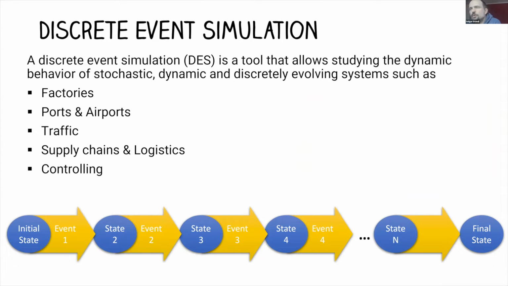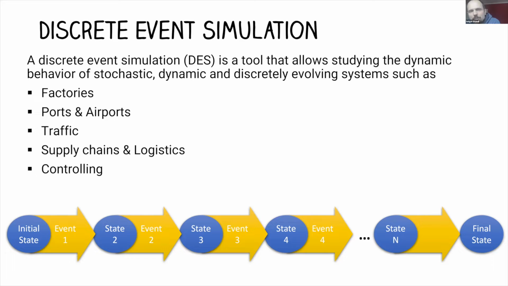And we are just focusing on one particular type here, which is so-called discrete event simulation. A discrete event simulation is defined as a tool that allows studying the dynamic behavior of stochastic, dynamically, and discretely evolving systems. And I think the discrete nature is of utmost importance here.